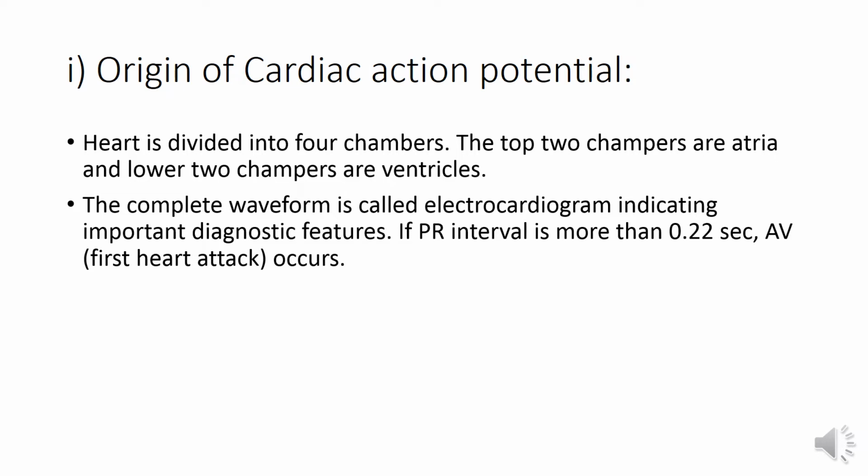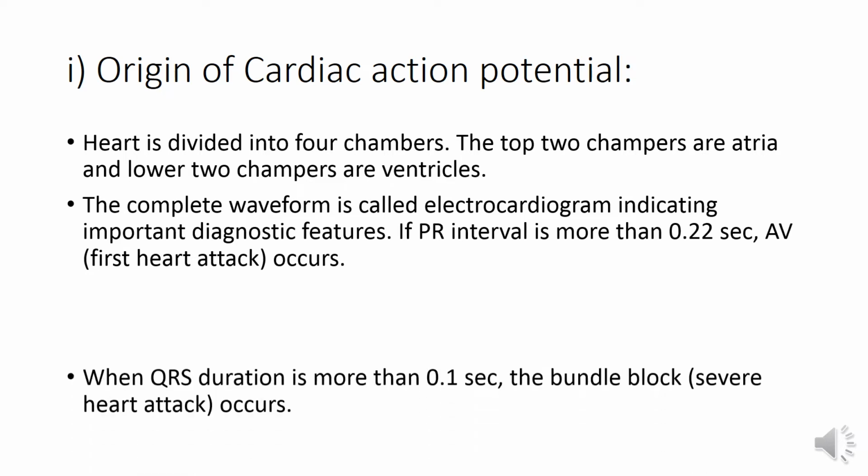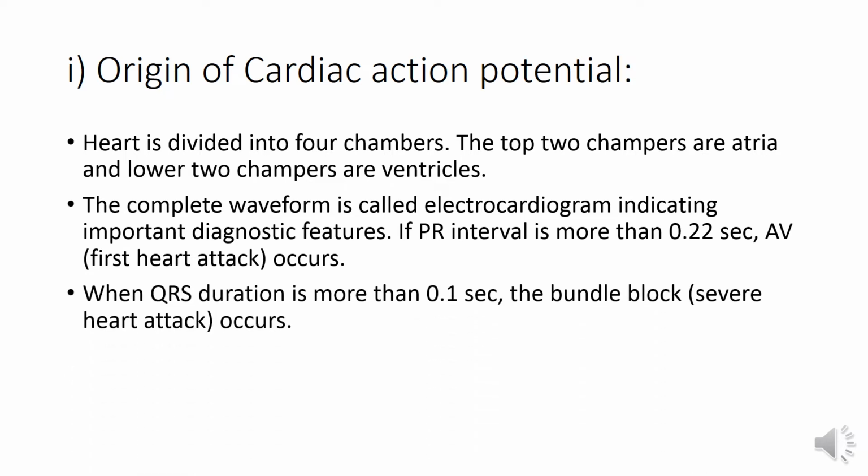If the PR interval is more than 0.22 seconds, AV block, that is first degree heart block, occurs. When QRS duration is more than 0.1 seconds, bundle branch block, that is a severe heart block, occurs.